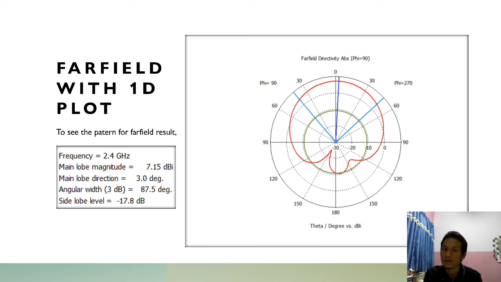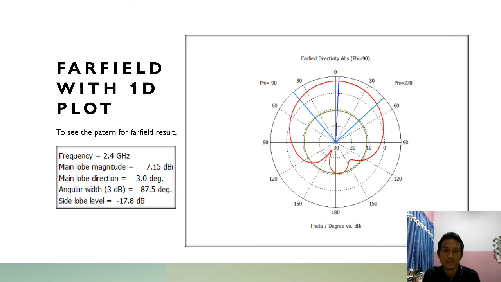This is the one-dimension plot of the far field. In the far field, we can see the pattern of the frequency, main lobe magnitude, main lobe direction, angular width, and also the side lobe level. For the frequency, we are using 2.4 GHz.